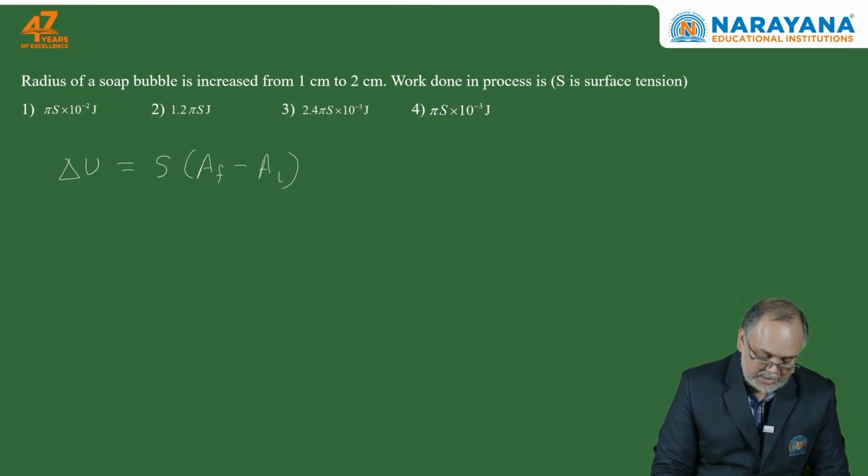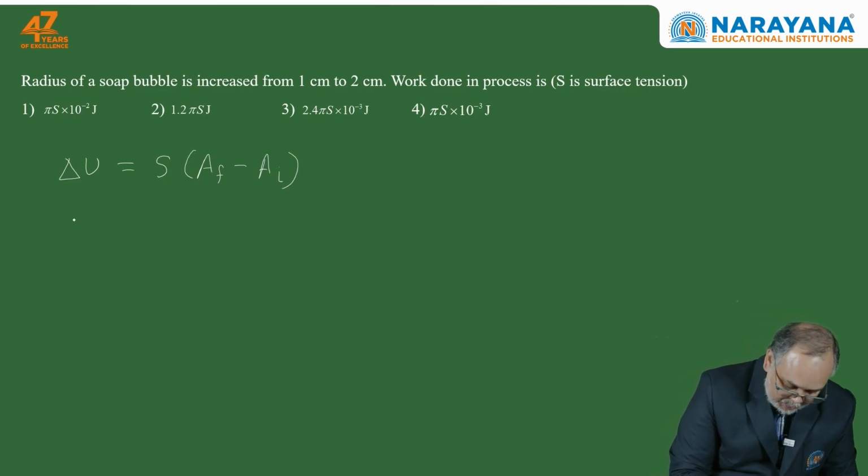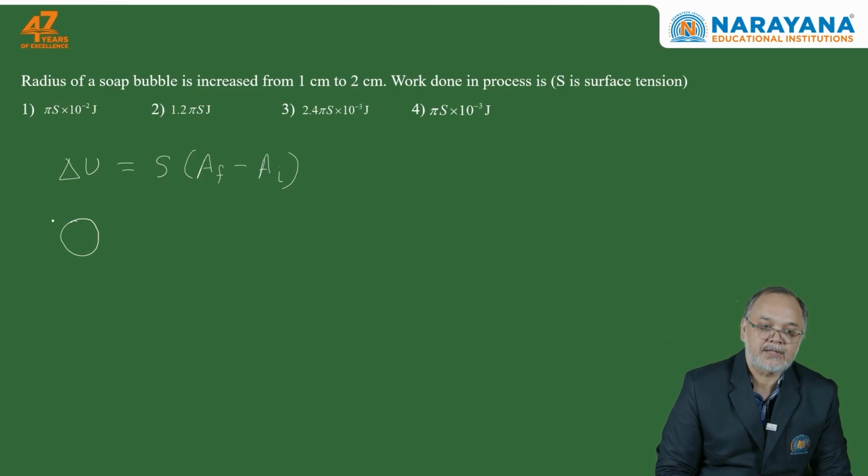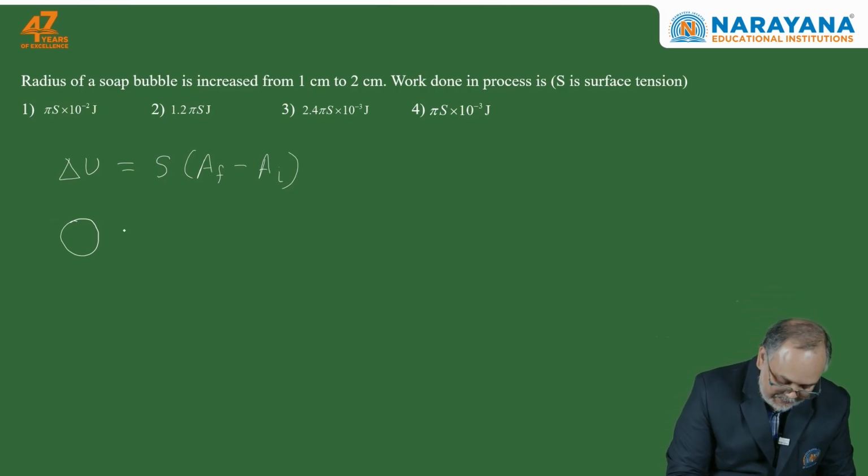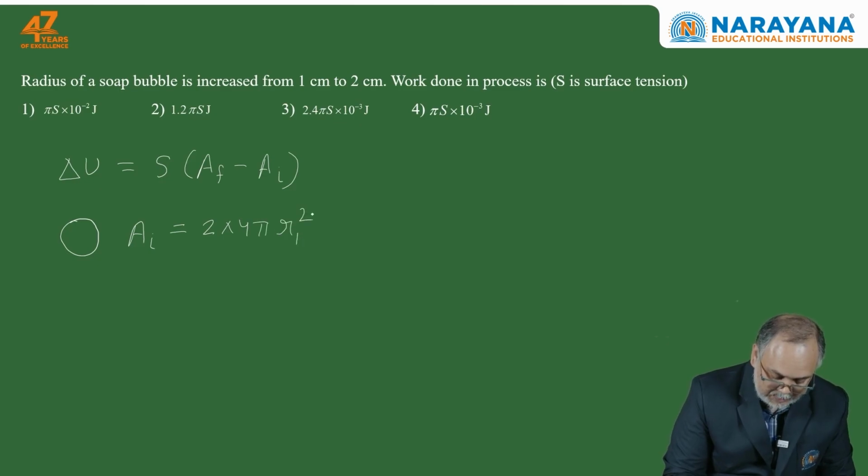Now you can see for a soap bubble, we have two surfaces, inner surface and outer surface. So here if I write A initial, this will be equal to 2 into 4 pi r1 square.